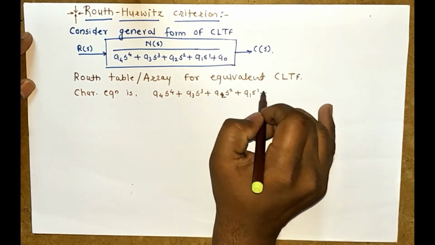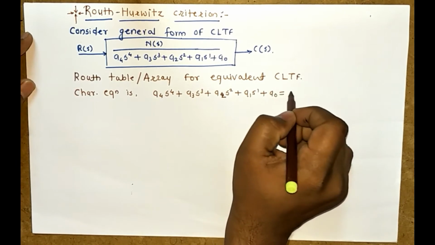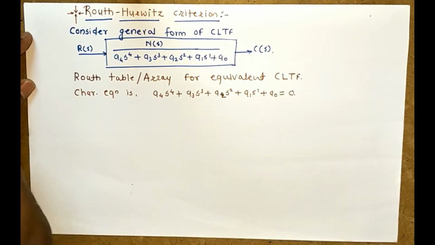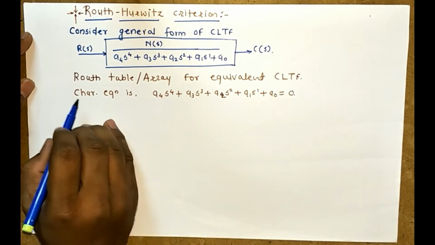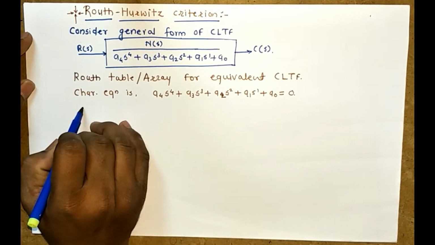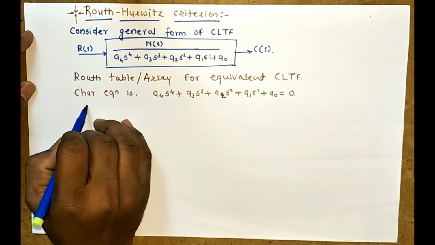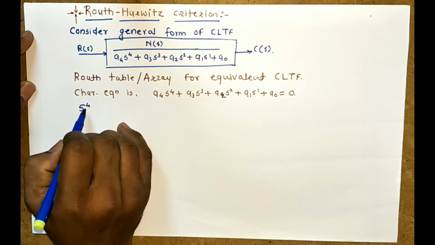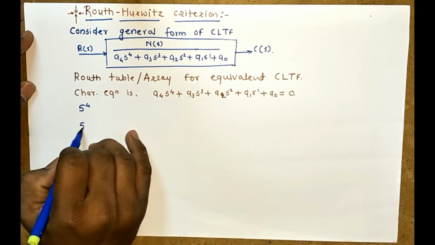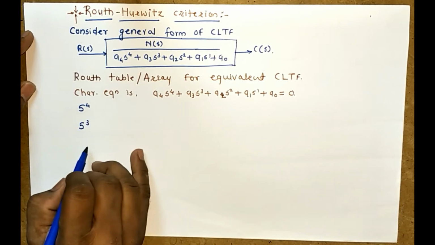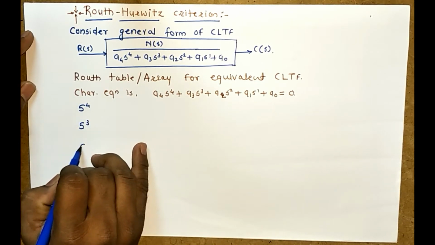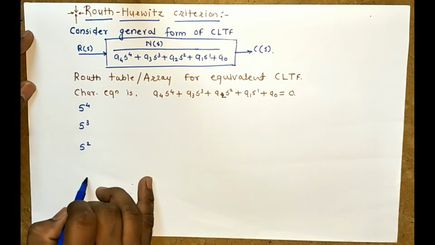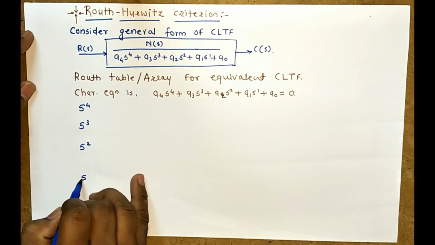Now draw a Routh array: s to the power 4, s to the power 3, s to the power 2, s to the power 1, and s to the power 0.